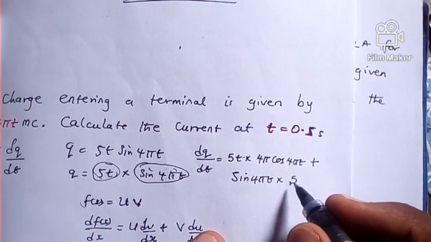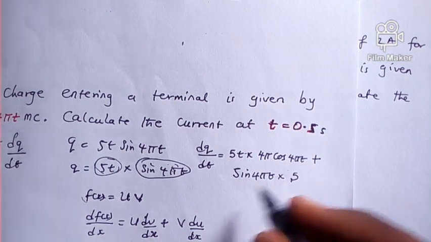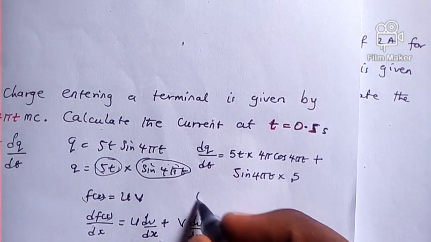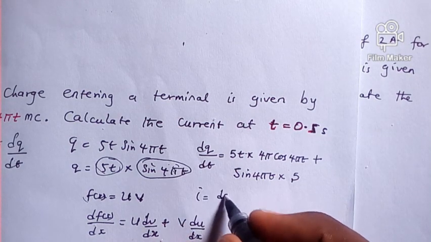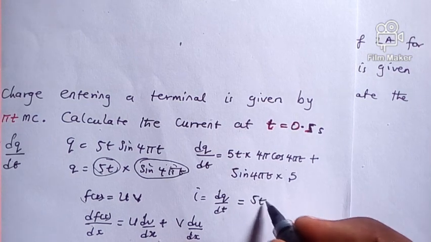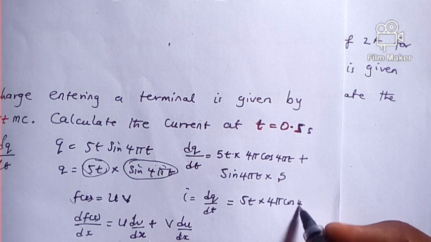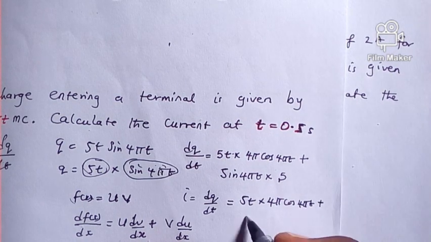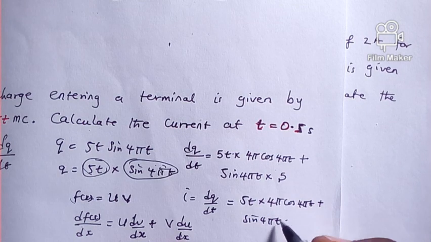So in that case, we simply have this, which is equal to the current. Our current, which is what we are looking for, is dQ/dt, and that will be 5t times 4 pi cos 4 pi t plus sine 4 pi t multiplied by 5.